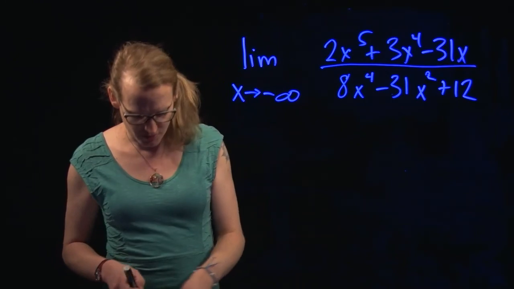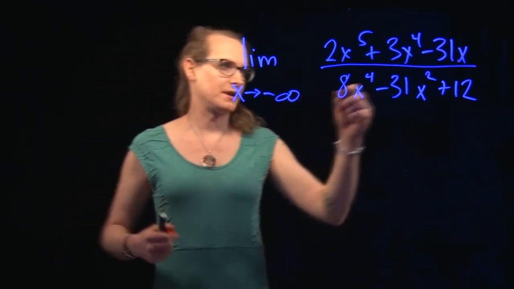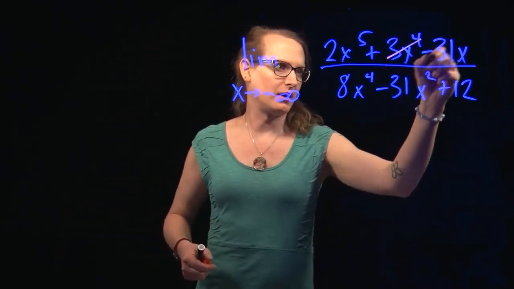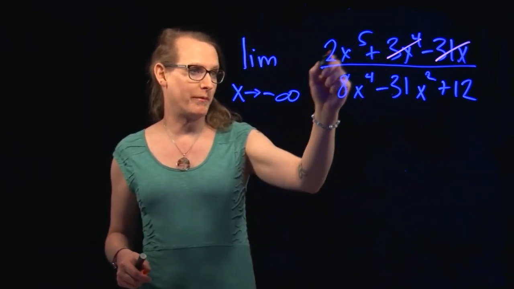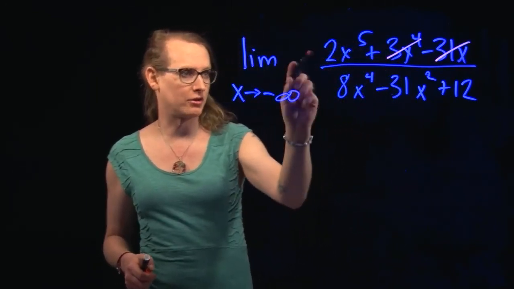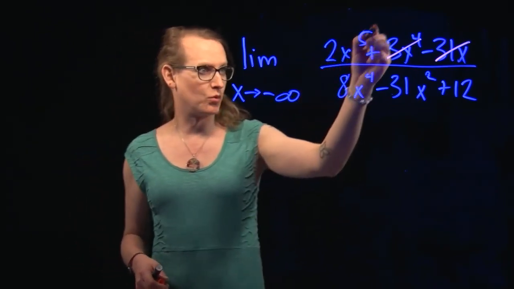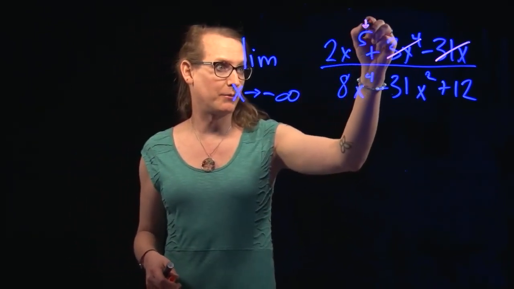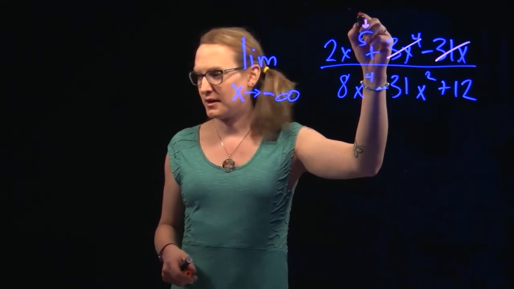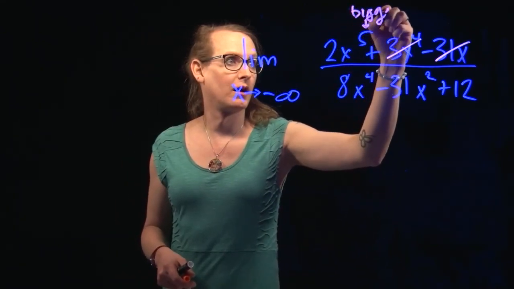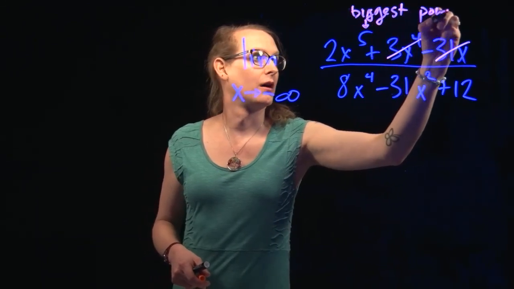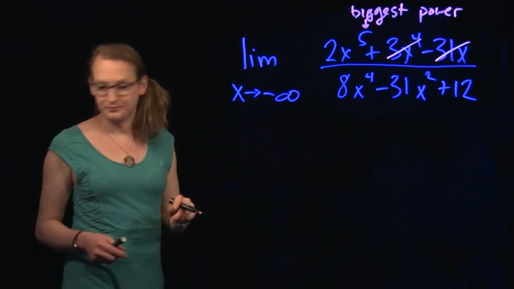So you might as well not be here. You might as well not be here. Near infinity, those things won't matter compared to this term right here, the 2x to the 5th, because this one's the biggest. That power up there is the biggest power.